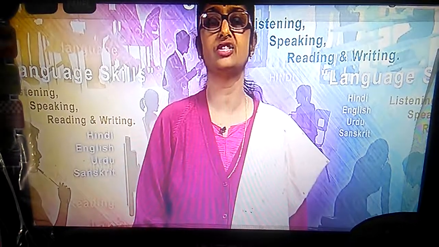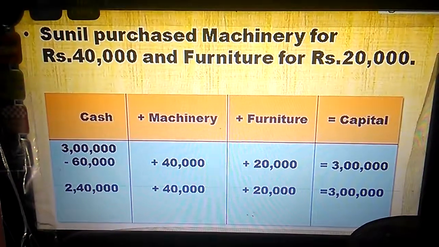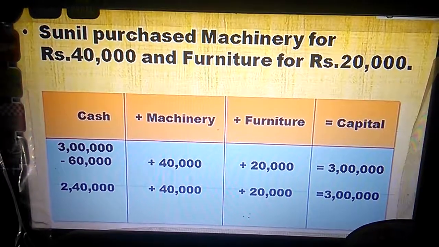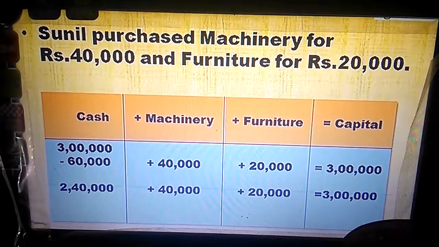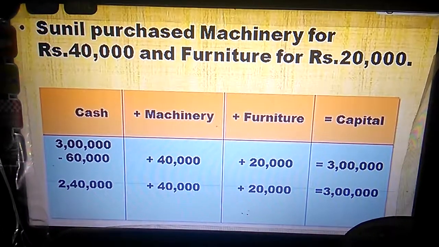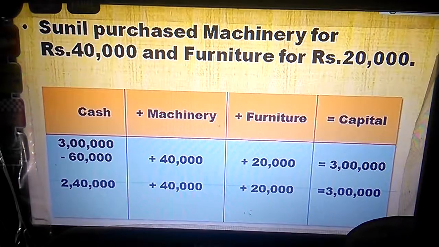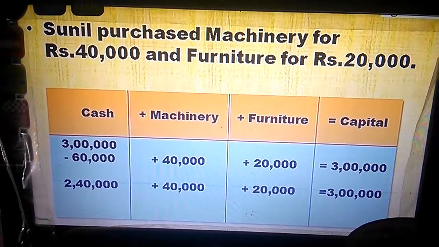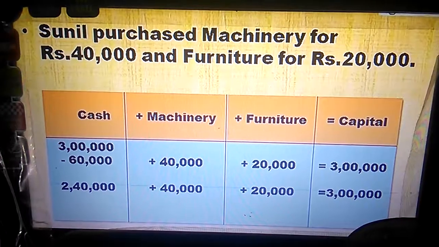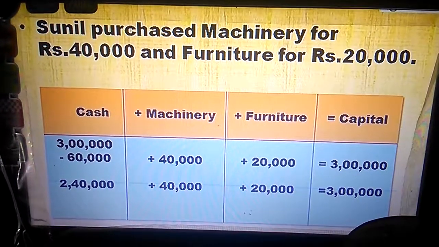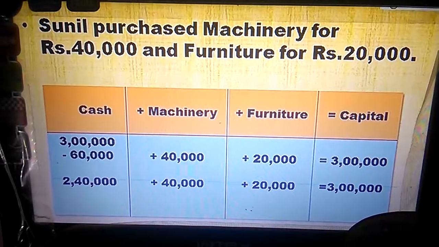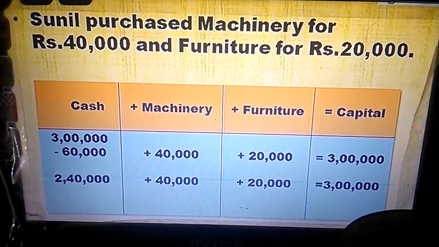Another transaction. Sunil purchased machinery for rupees 40,000 and furniture for rupees 20,000. When we are writing the accounting equation, on the asset side you can include 3 columns: cash column, machinery column and furniture column. After the equal sign, you can include capital and liabilities.